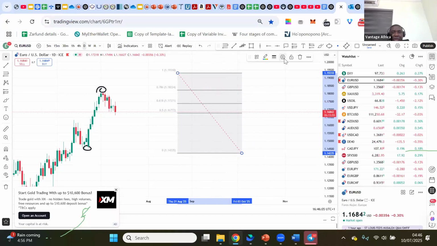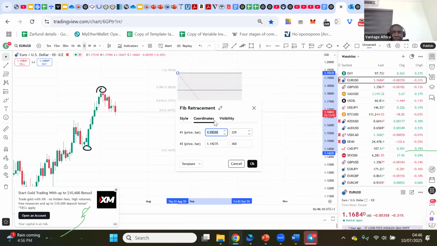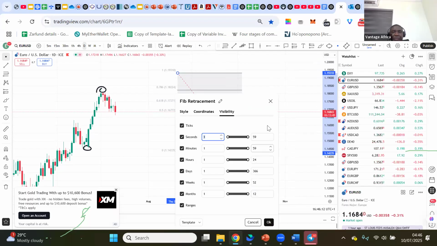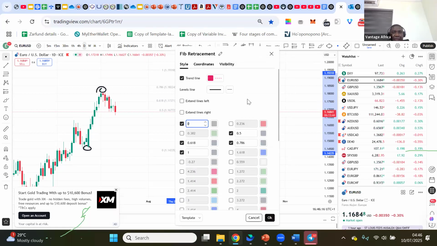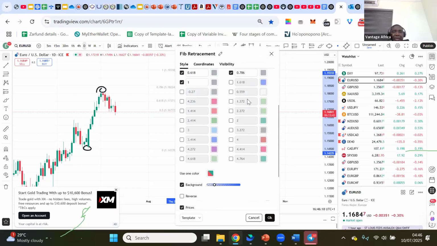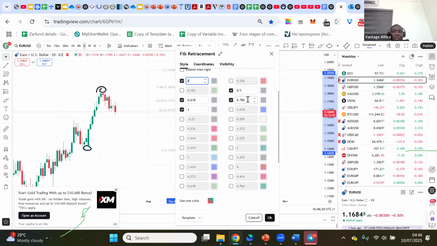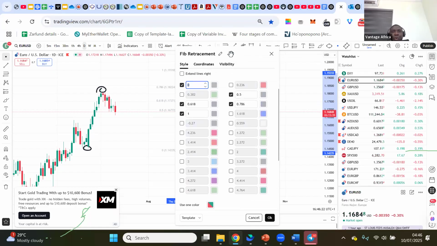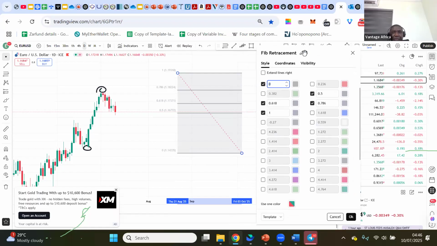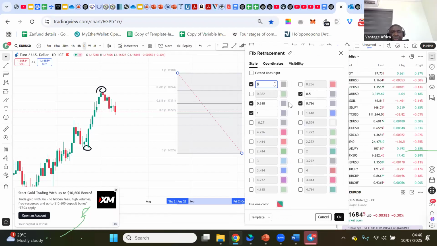So let's go to settings so I show you how it looks. Under style here, you see that there are lots of levels that can show up on the Fibonacci retracement tool. But for me, I have limited the levels that will show up to only 3.